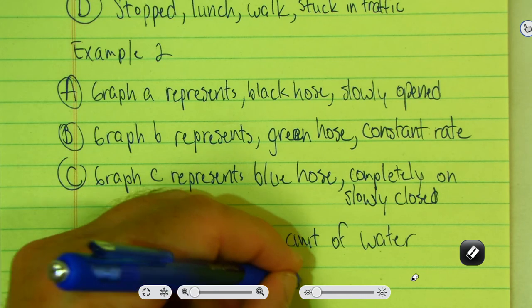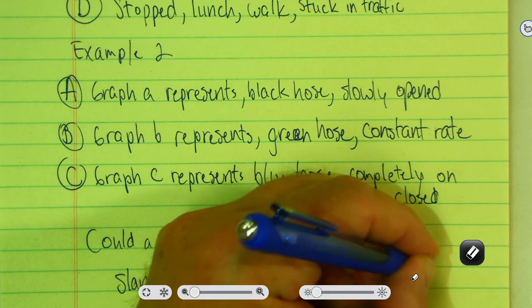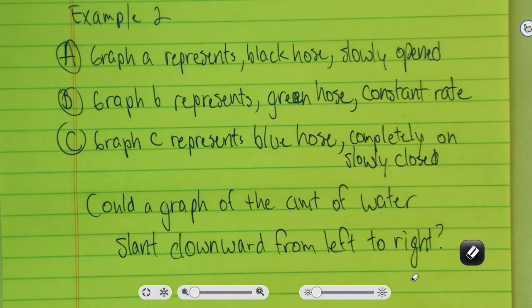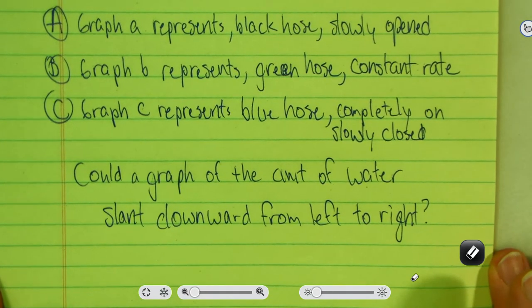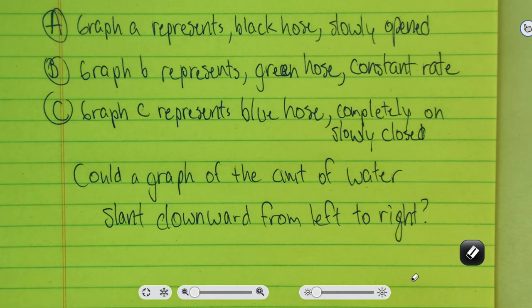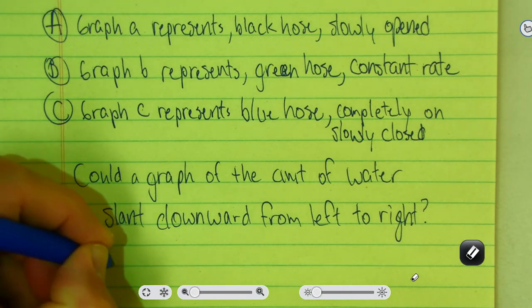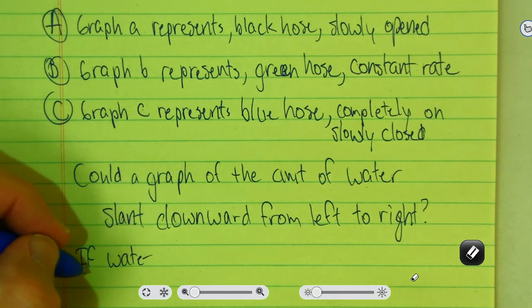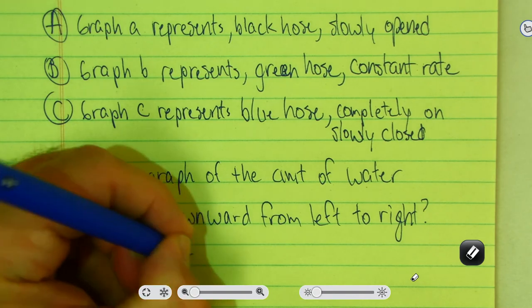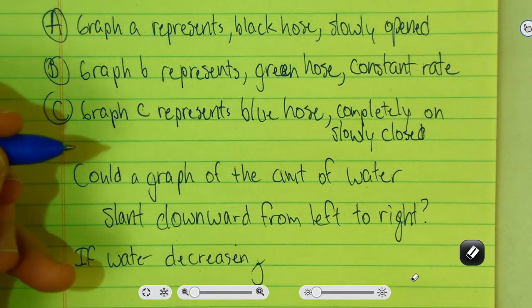Now, in this given scenario, can you explain that scenario for me? So the graph could slant downward if the water level was decreasing. Exactly. But by definition, the water level cannot increase when you are adding more water. It cannot decrease. But if the water's decreasing, we could actually be draining that barrel, right?